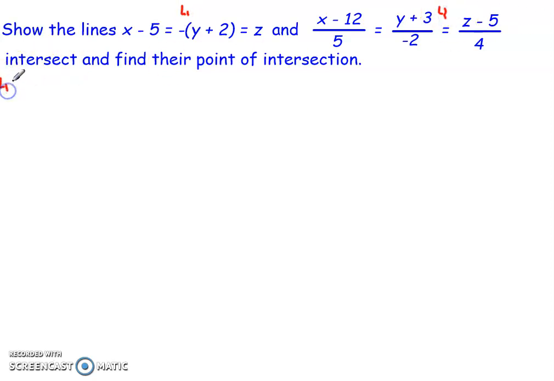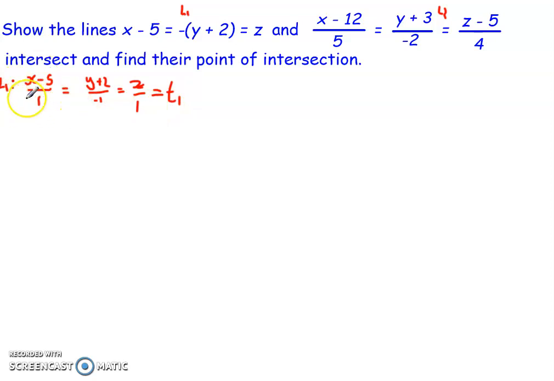If I look at L1, if I was to write these in my symmetric form, it would be the equivalent of me writing x minus 5 over 1 equals y plus 2 over negative 1 equals z over 1. Now what I'm then able to do with each of these is put it into the parametric form for the x, the y and the z, because I'm going to equate this whole thing to my t1 variable.